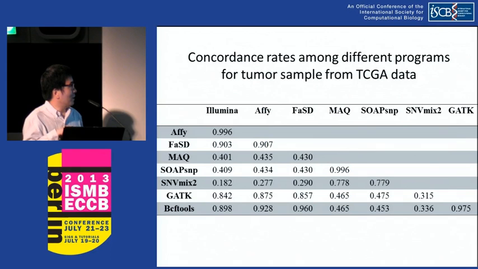But when we compare those programs with our benchmarks, you can see that our program, on average, did the best. The second one is BCFtools, and the other programs are not as good. GATK is kind of in the middle.